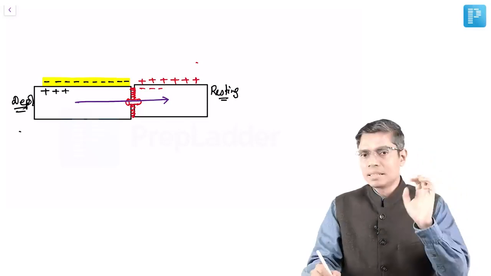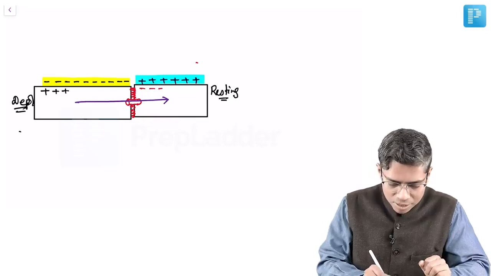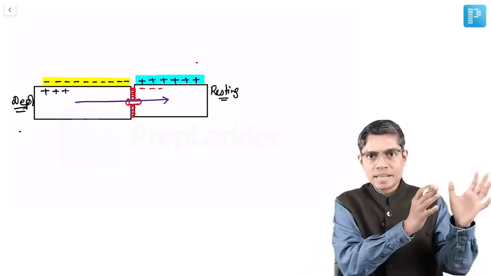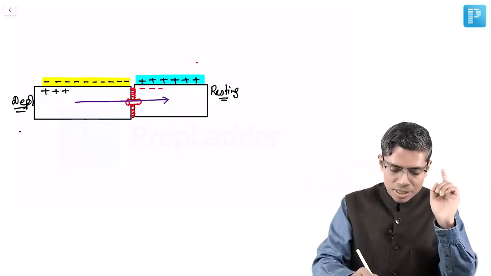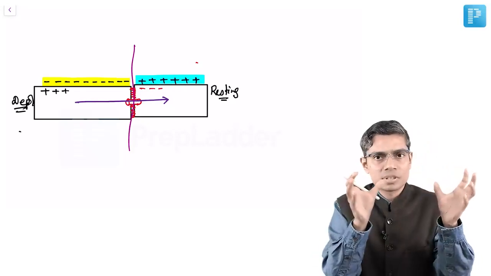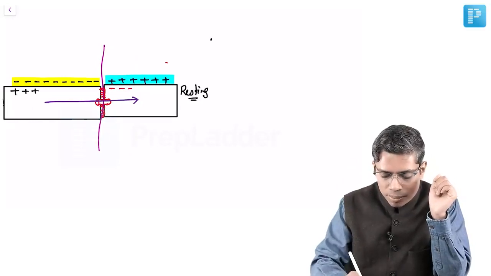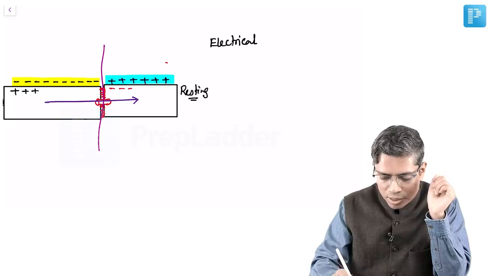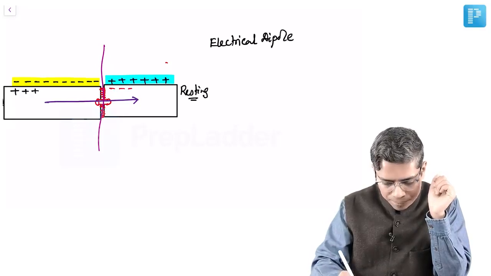So now I can easily understand that there is separation of two different kinds of charges on the surface of these two cells. On one side is negative charge on the surface, and on the other side positive charge. Because of the separation of these positive and negative charges, there will be creation of an electrical dipole.